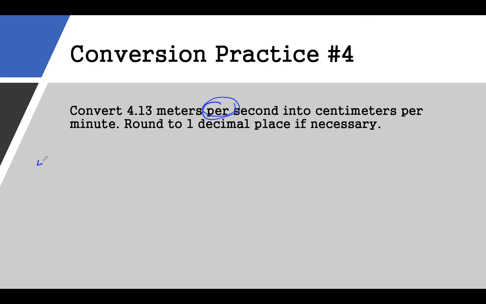I am going to have 4.13 meters up at the top, and I am going to divide that number by 1 second. In the end, I want to end up with the units of centimeters per minute.